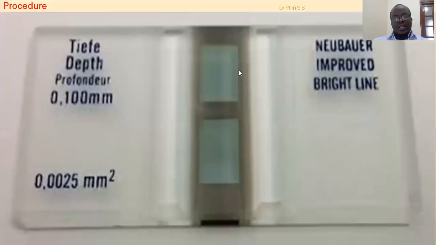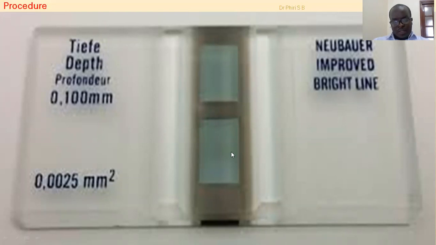Okay, so this is the improved Neubauer chamber. Like I said, you have these silver lines that form an H. You can see here, this is an H. In this H, you have this portion you can use for counting your blood cells, and this portion you can also use for counting blood cells. So for every sample that you charge the Neubauer chamber with, you can have two results.